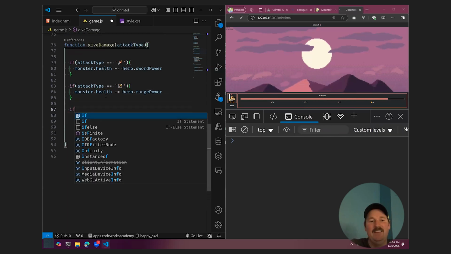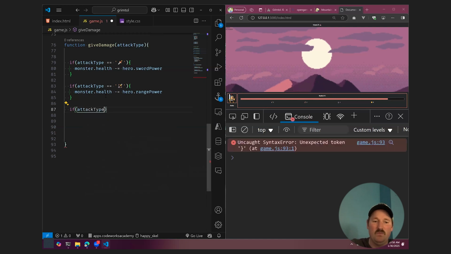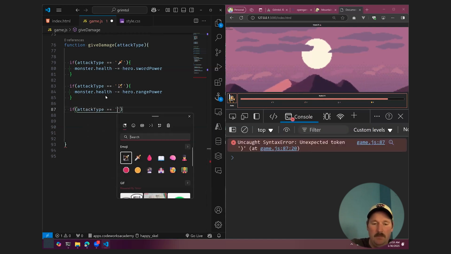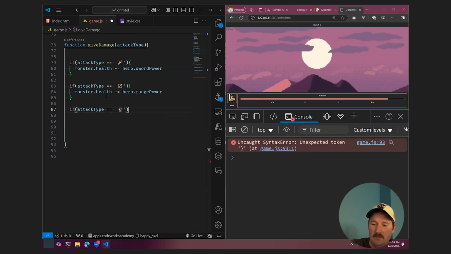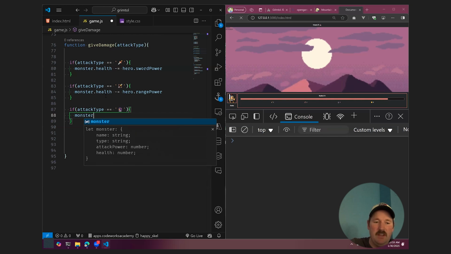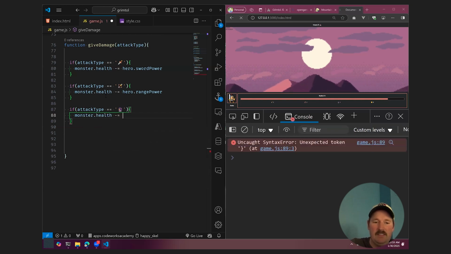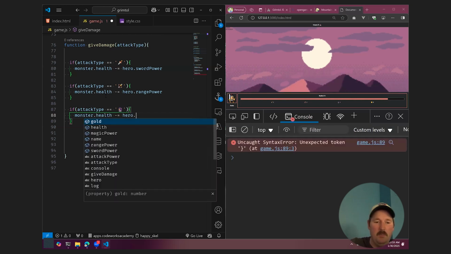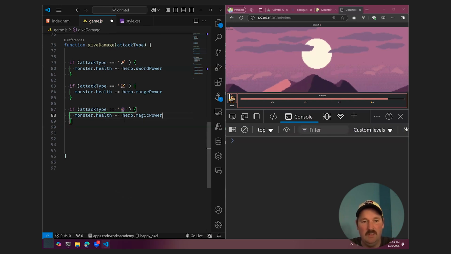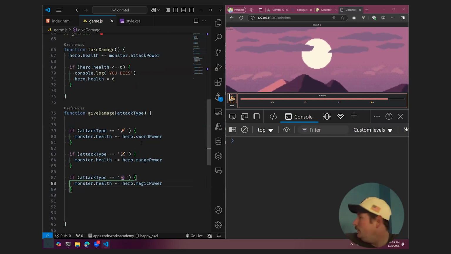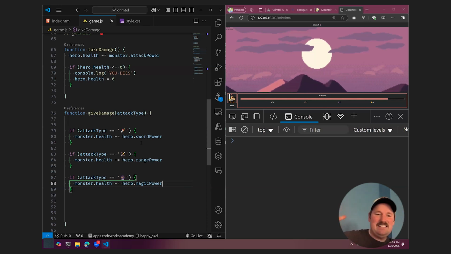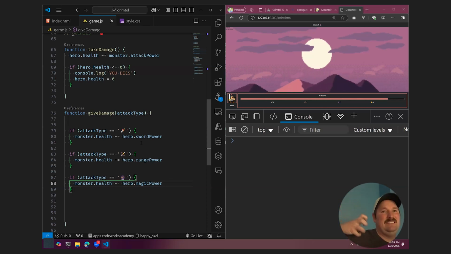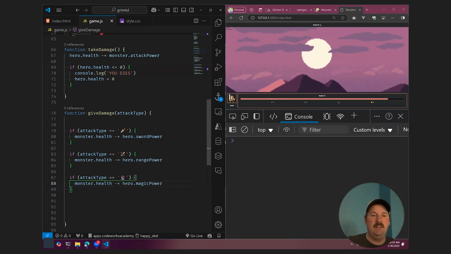And if the attack type was magic, then the monster.health minus equals the hero.magicPower. So I can give the damage. And this function is super cool because I can decide what type of damage to give later, right?